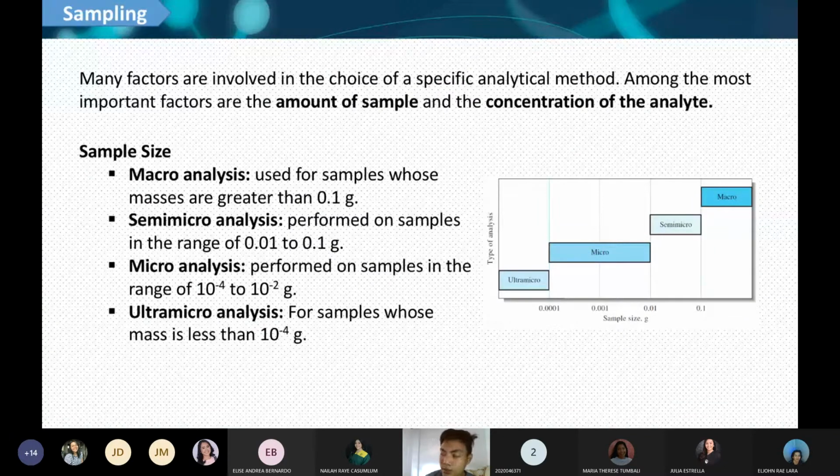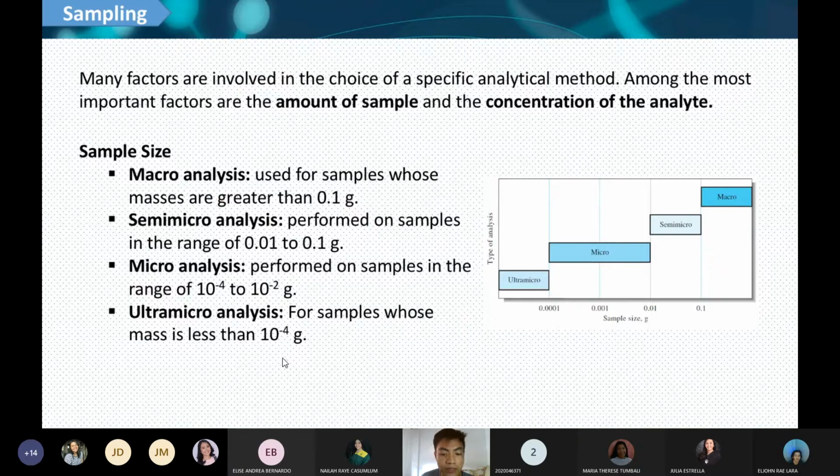So, ano yung purpose nitong different types of analysis? Sabi ko kanina, for every type of analysis, you have to have certain processes, certain analytical methods that can be done. For example, you are doing ultra micro analysis. Hindi na pwede dyan yung titration because if you titrate your sample against a standard, hindi mo na mababasa yung amount ng matter na yan because that's 10 raised to negative 4, that's at least 0.01 milligram.